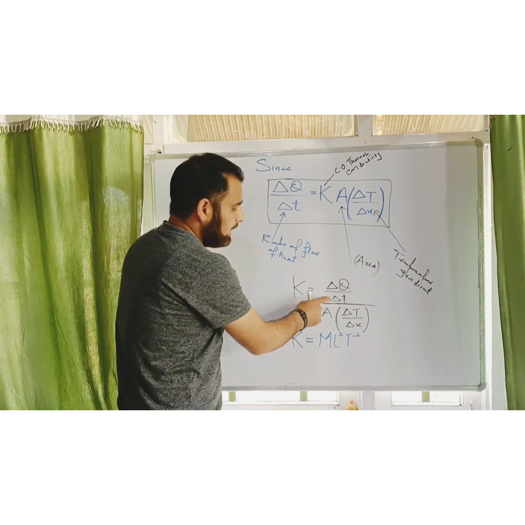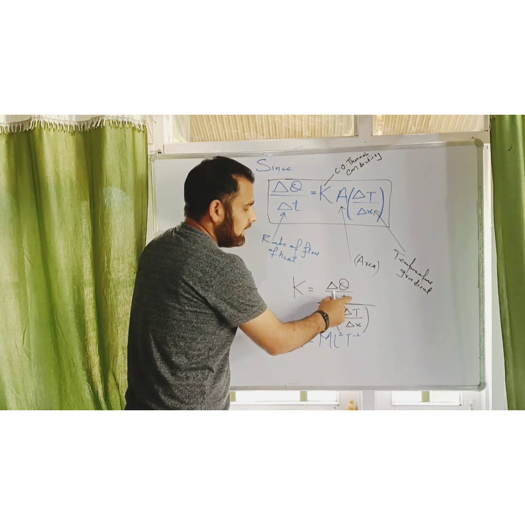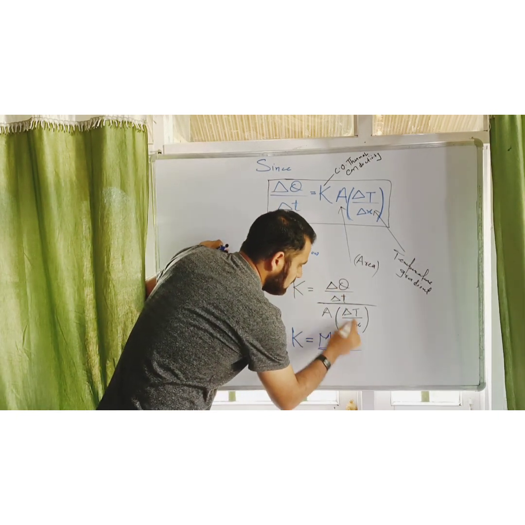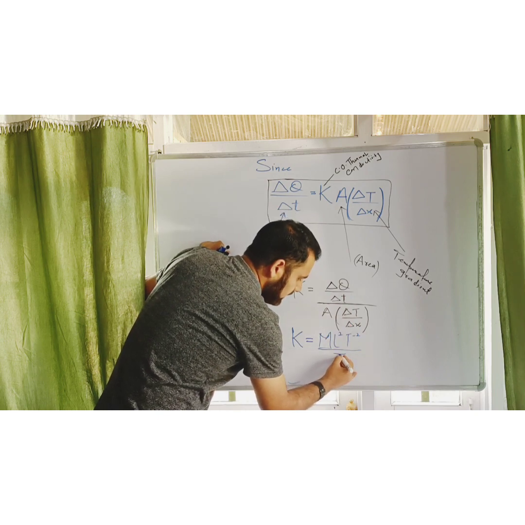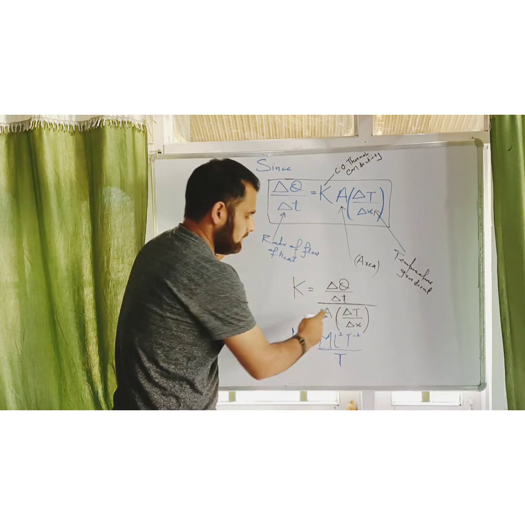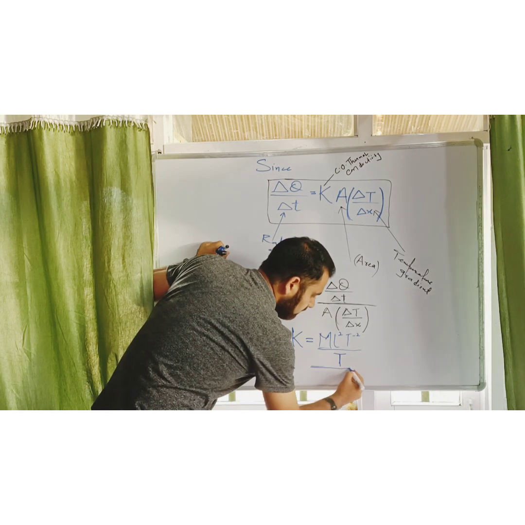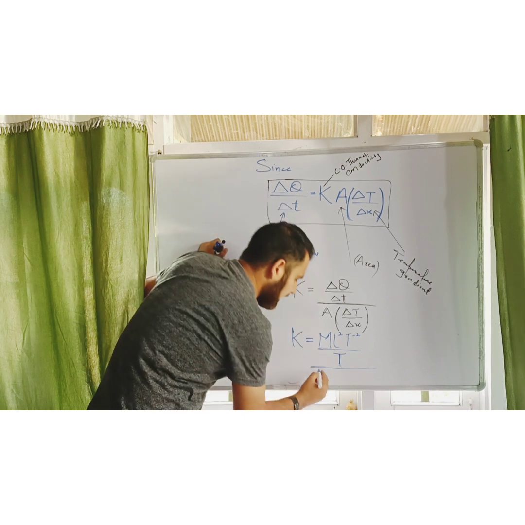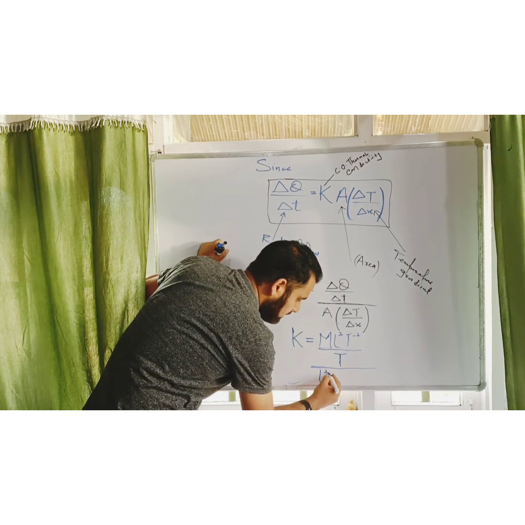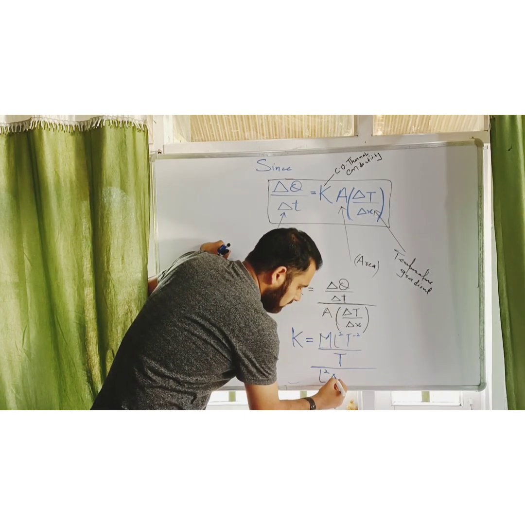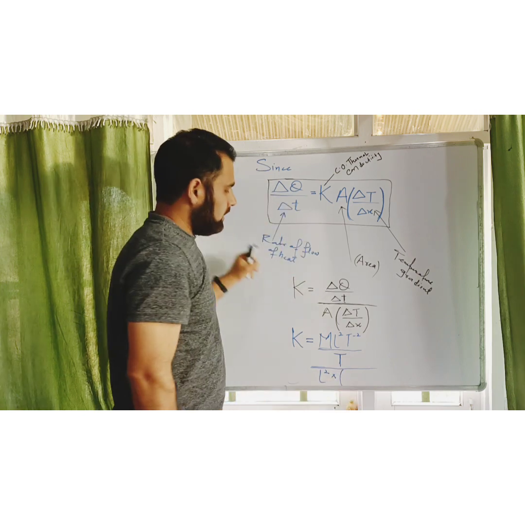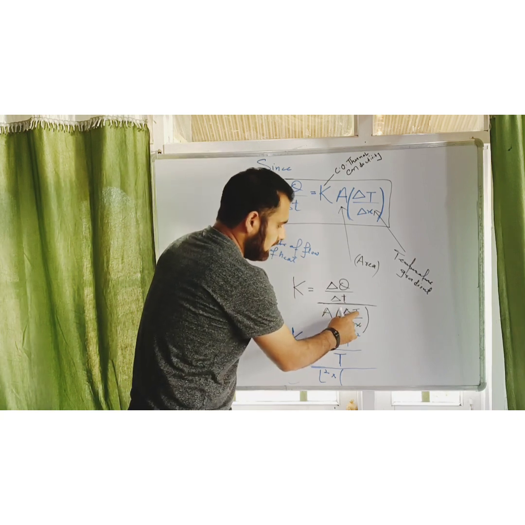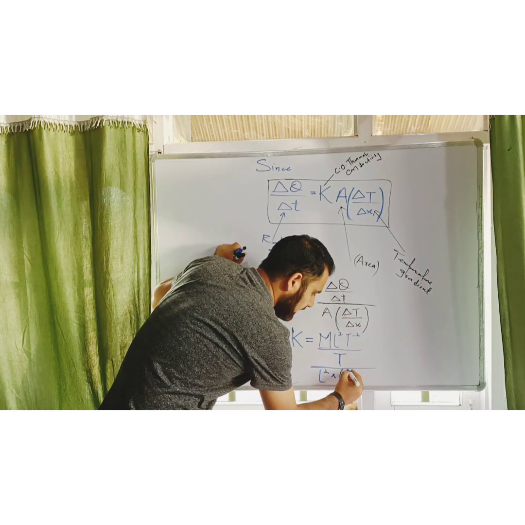Divide by delta T. So delta T here represents the time, and the dimensional formula for time is T. Clear? Divide by area. The dimensional formula for area is L squared, into delta T, which here represents the temperature, represented by K, Kelvin.